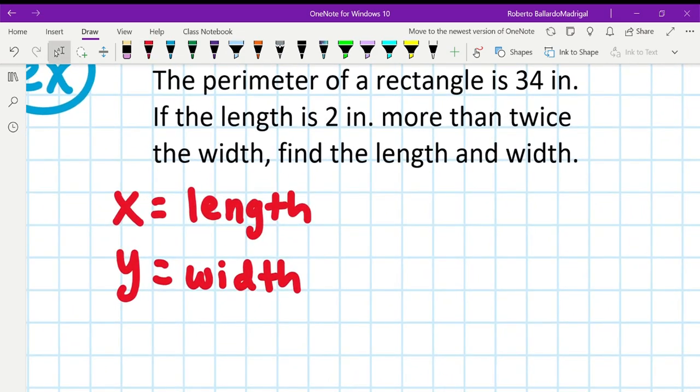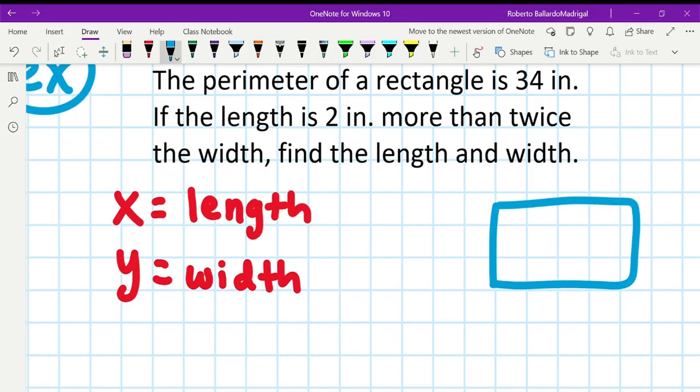One more thing we need to establish before we begin doing any work here is understanding the following. What exactly is perimeter? Area is when you multiply the sides of a shape, but perimeter is when you add them all together. So let's say we have a rectangle. We're saying x is the length, so that's x and x right here, and y is the width, y and y.